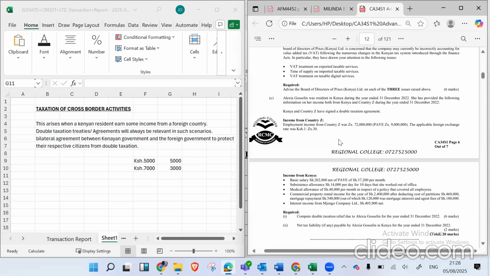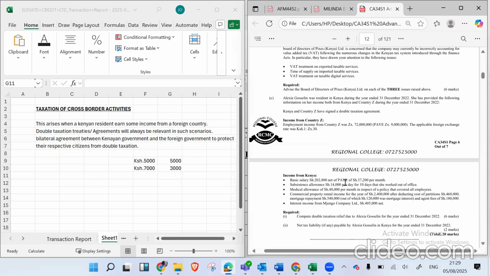So you can convert and get the equivalent Kenya shillings for both income and PAYE. Income from Kenya, basic salary 202,800, net of PAYE. It's net, you always add back. Just as with dividends that are net, we always add back the withholding tax. Taxable income must always be gross. So add back the PAYE to make it gross.